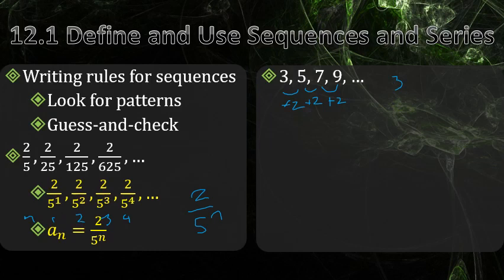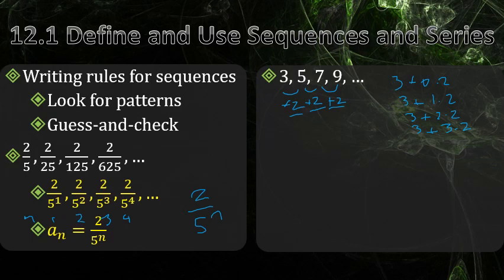So to get the 3, it's just the 3 plus 0 times 2. To get the 5 would be 3 plus 1 times 2. To get the 7 would be 3 plus 2 times 2. See, we had the 2 twice. To get to the 9 would be 3 plus 3 times 2.